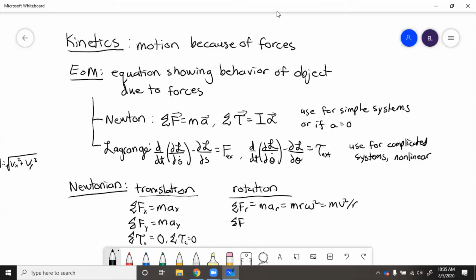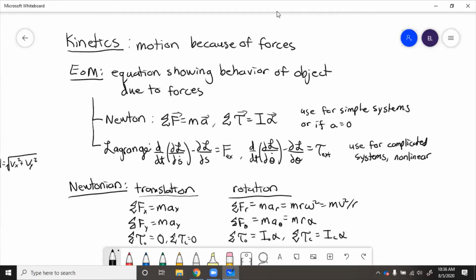Sum of the forces in the theta direction equals m a theta equals m r alpha. And sum of the torques on the origin equals moment of inertia around the origin times alpha, or we can sum torques around center of mass equals I center of mass alpha.